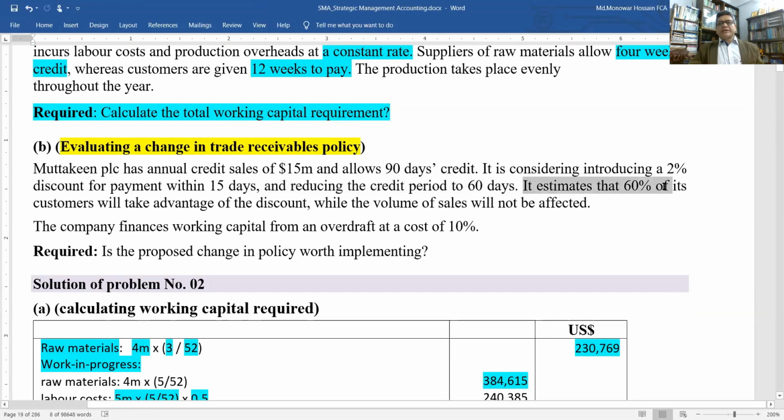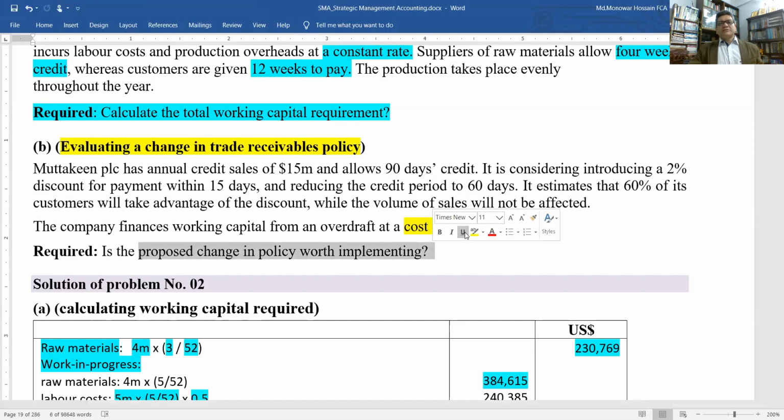It is estimated that 60% of its customers will take advantage of the discount, and the volume of sales will not be affected. The company finances working capital by overdraft at a cost of 10%. Is this proposed policy change worth implementing? That is a question to you.